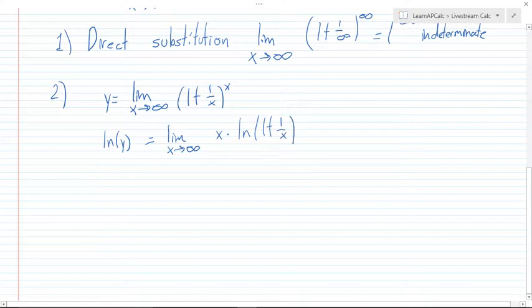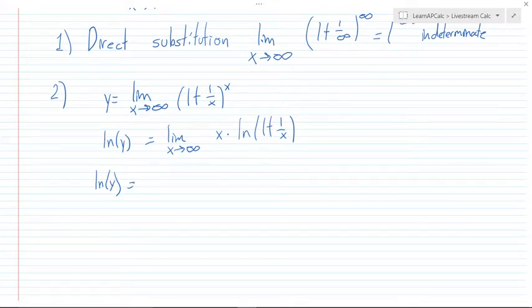Okay. So, yeah, remember to keep your limit there when taking the ln. You don't necessarily have to keep writing out ln of y, but as we get further along, I'll show you why I think that's an important thing to do.